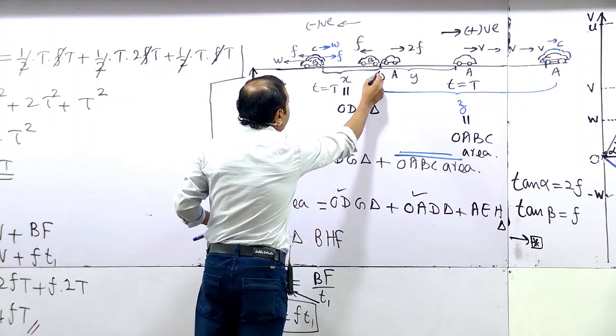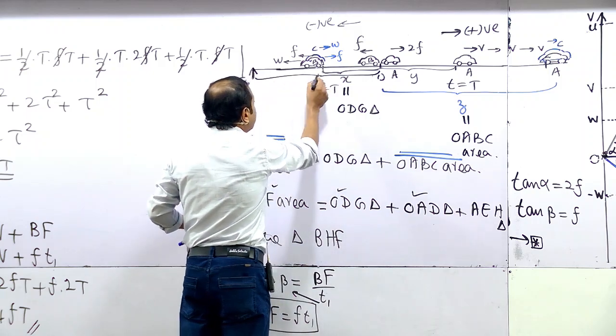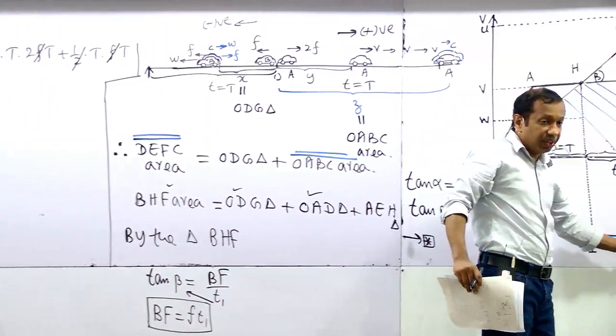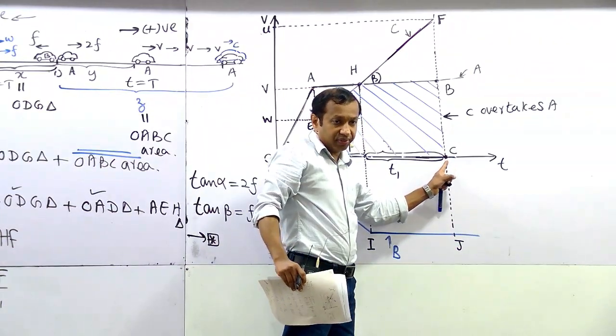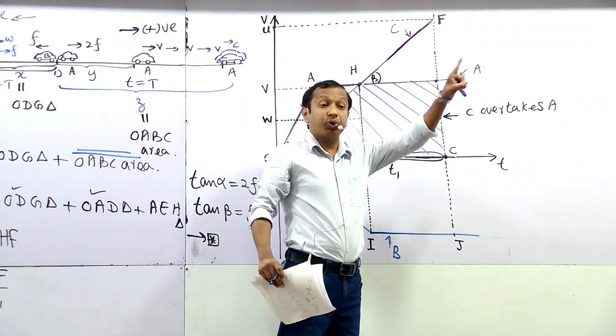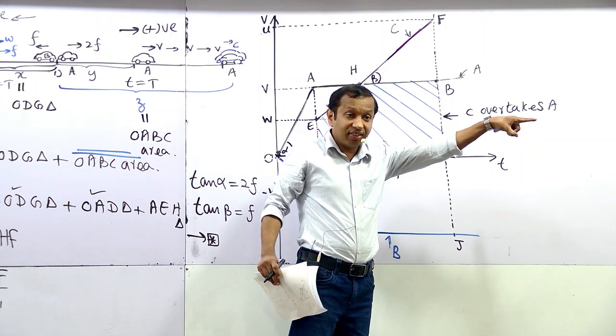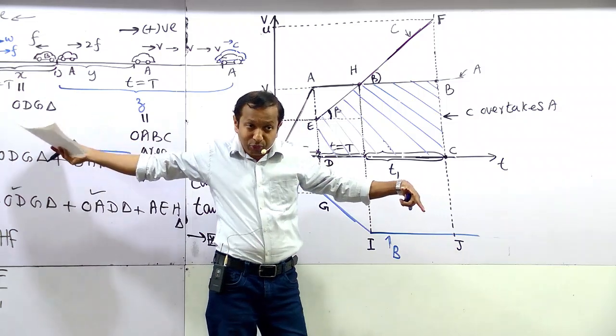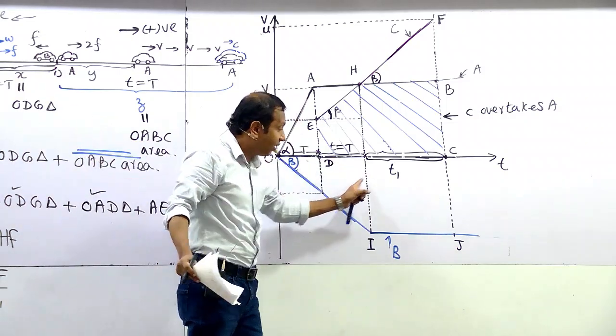Suppose B is somewhere here when C overtakes A. How do you get this area? This distance is given by the OIJC area. Okay? At that moment, A has moved to the right by some distance. So what is the distance between them? The distance B moved is given by this area.